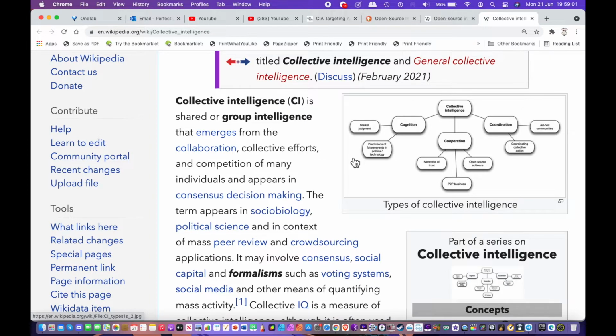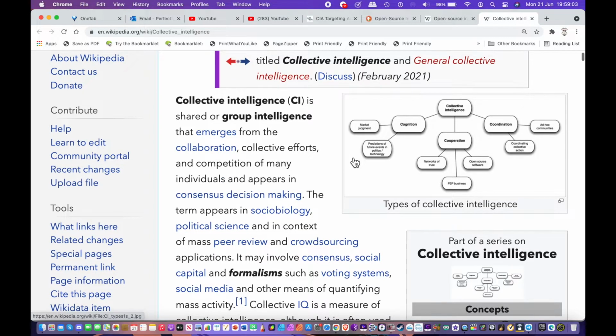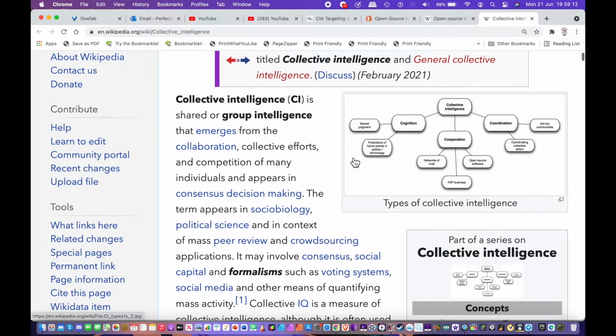Collective intelligence is shared or group intelligence that emerges from the collaboration, collective efforts, and competition of many individuals and appears in consensus decision making.